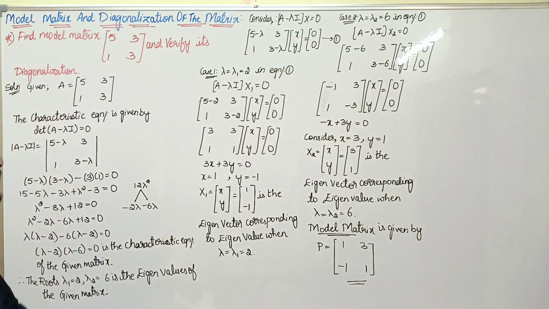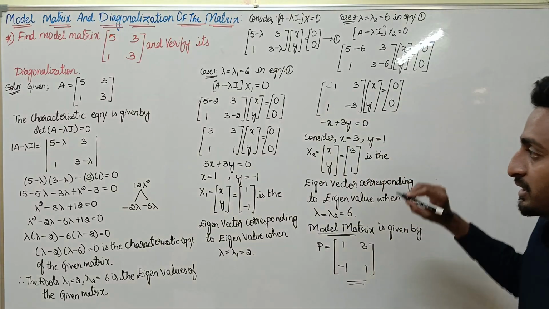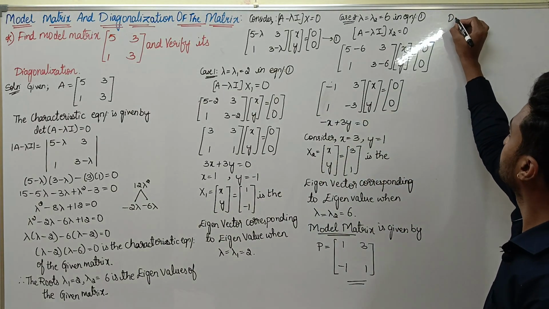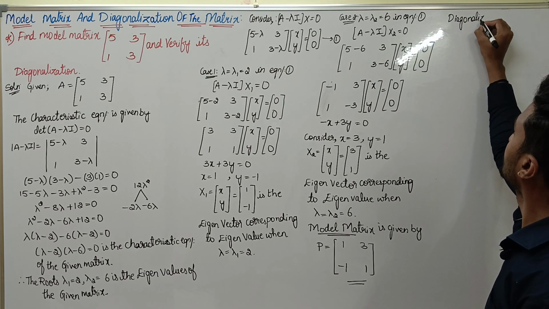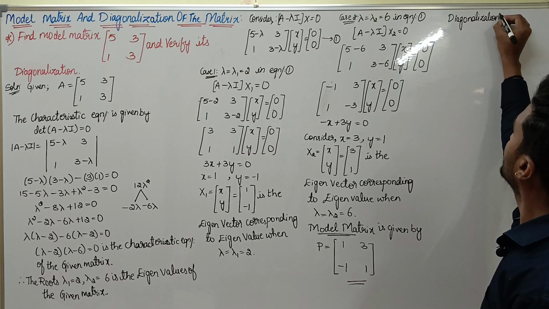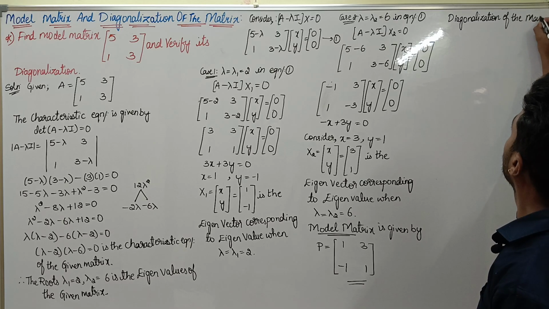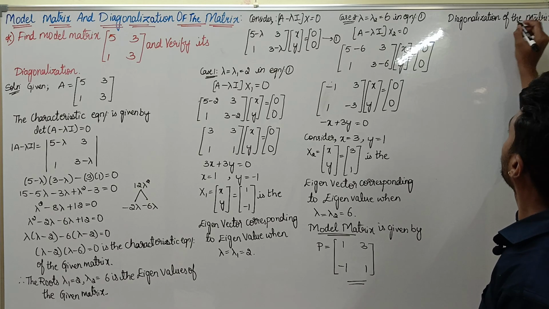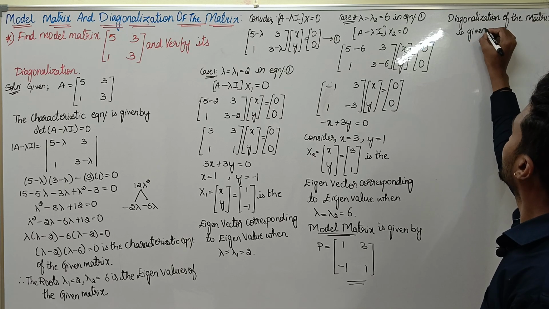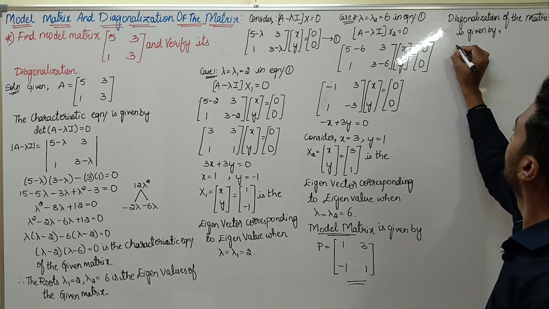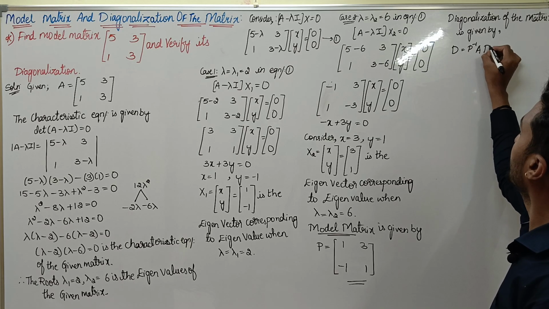Now I need to find the diagonalization of the given matrix. How to find the diagonalization of the given matrix? The diagonalization of the matrix is given by D, which is equal to P inverse AP.